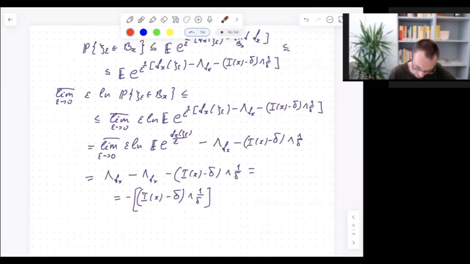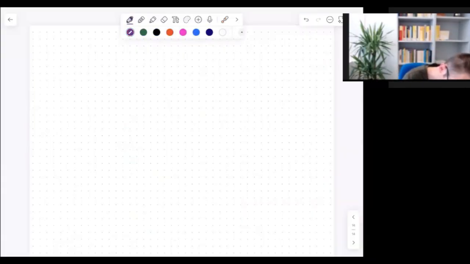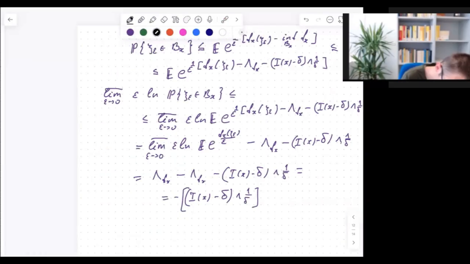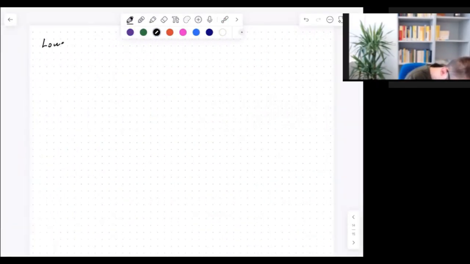And now we also need to prove the lower bound.